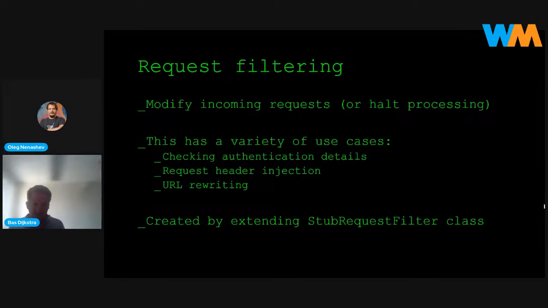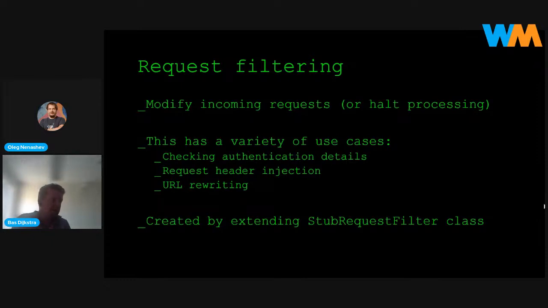There's a couple of use cases for this, and I'm going to show you a demo of the first one, checking authentication details. You can also use it to dynamically inject some kind of headers, or maybe even rewrite the URL if that's needed, if you want WireMock to do that for you. But I think one of the most powerful use cases is checking every incoming request on specific details.